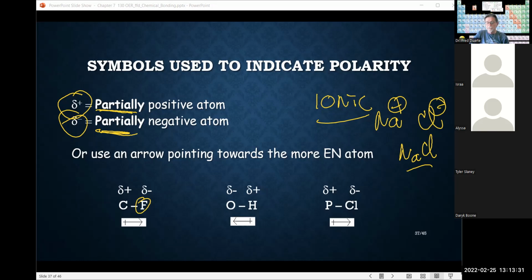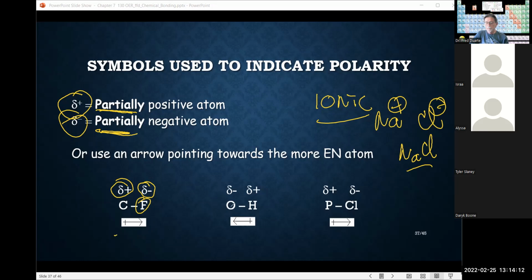In this case, it's bonded to carbon, so because of the nature of the beast, the fluorine side would have a partial negative, which results in the carbon side having a partial positive. Now we draw an arrow as given here, where the arrow points toward the fluorine because that is the more electronegative atom. The tail end, which has a plus symbol, is pointed toward the carbon. So in this case, it's going from left to right.